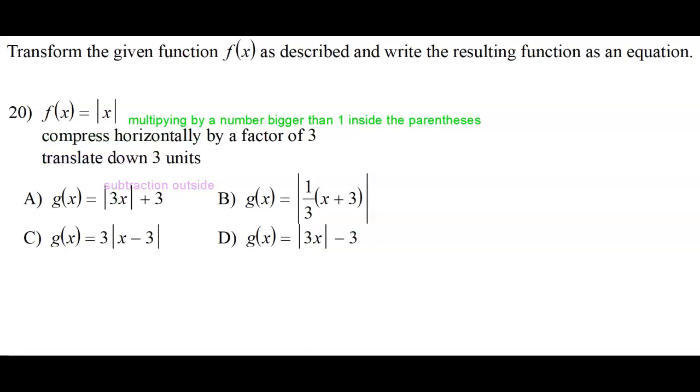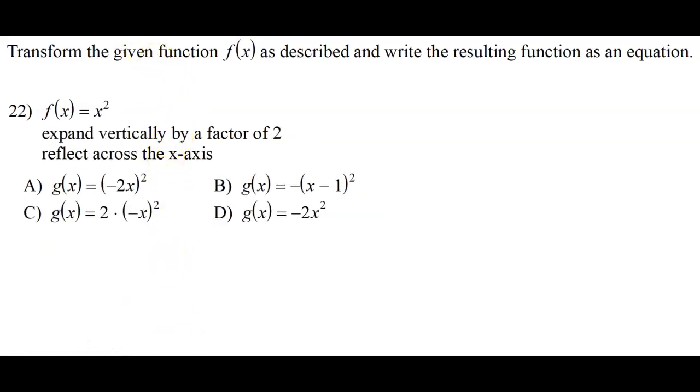Let's go ahead and take a look at the next one here, number 22. So here I've got my x squared. We are expanding it vertically. And what that means is that we are multiplying by a number bigger than 1 outside the parentheses.